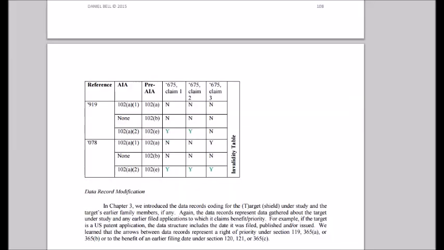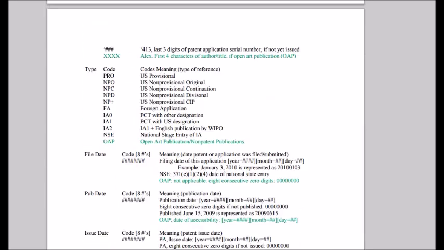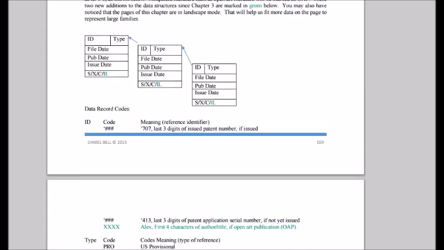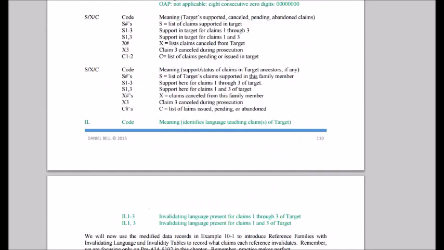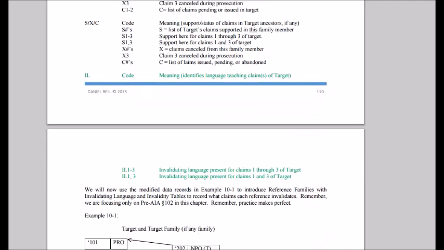And we begin with data structures that I introduced before and add the information you need to set swords.